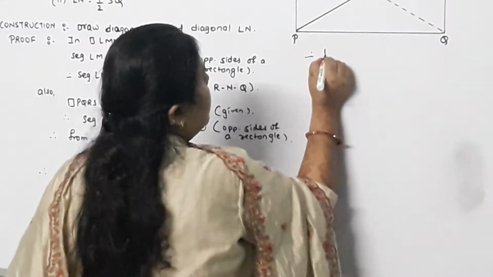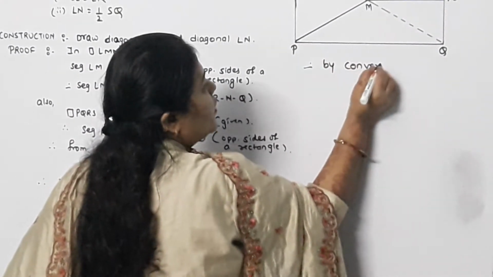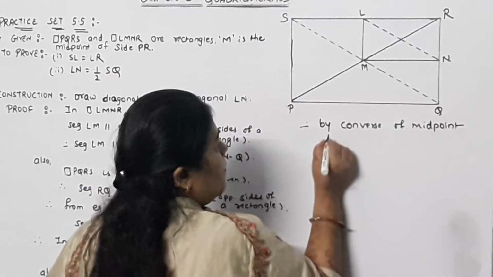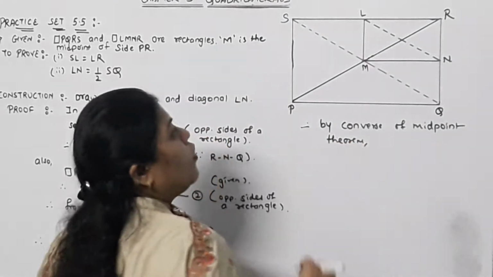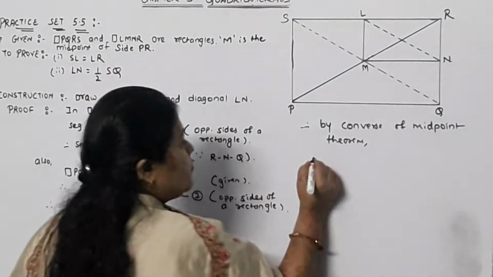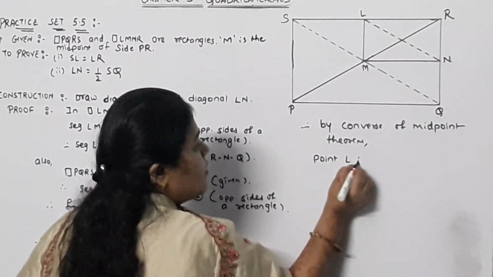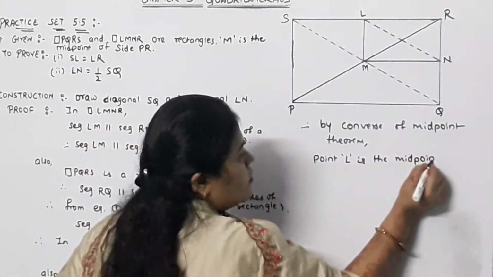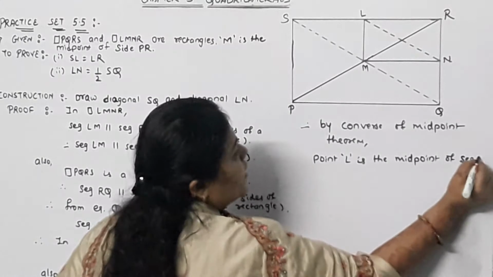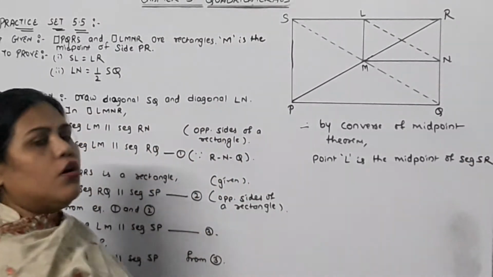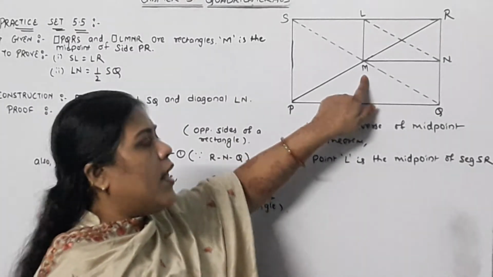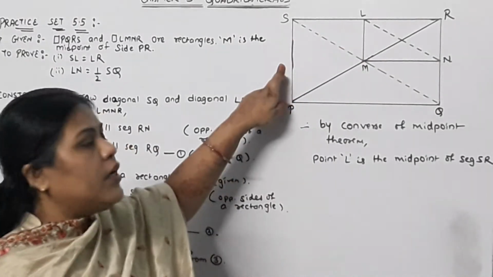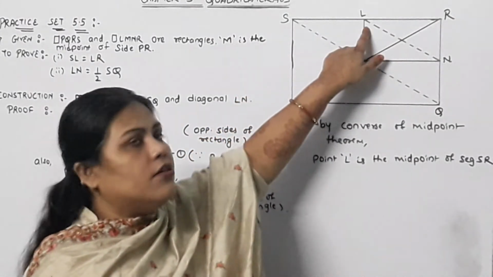Therefore, by the converse of the midpoint theorem, point L is the midpoint of seg SR. See, what the converse of the midpoint theorem says is that if a line passes through the midpoint of any one side of a triangle and it is parallel to another side, then it bisects the third side.